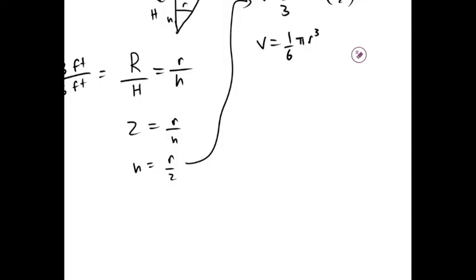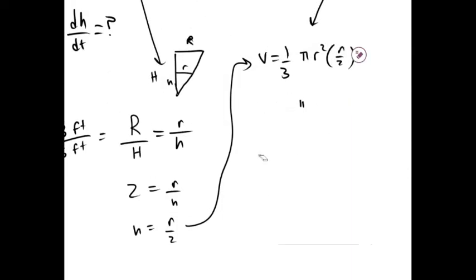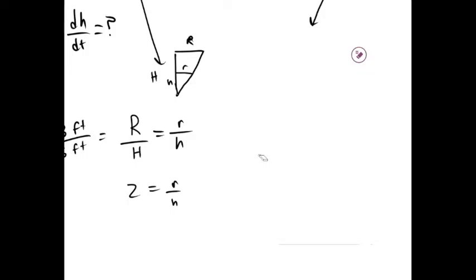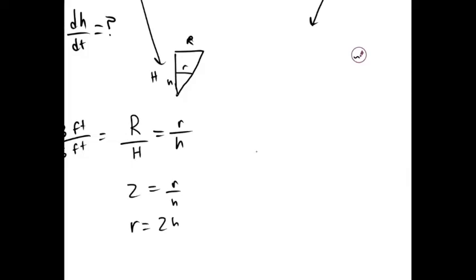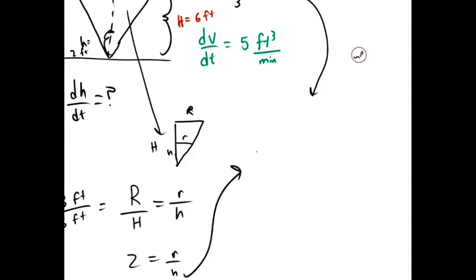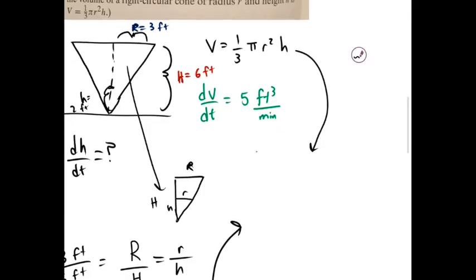There are ways you can do it like this, but I'll show you what I mean. Instead of solving for h, let's solve for r. r is 2h. Now if we plug that in, we get that V equals 1/3 pi times 2h squared times h.